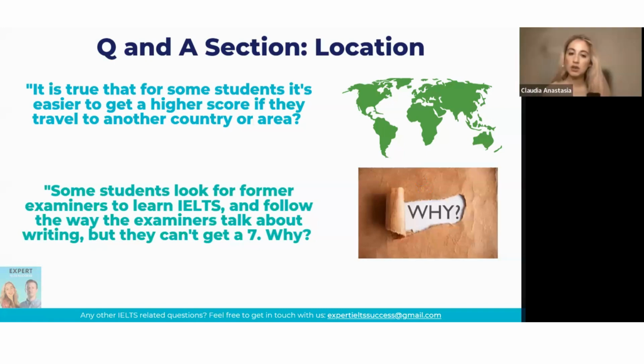That's a good question. Well, it would depend on the student. It depends on where their weak points are. And if they're actually applying everything the examiner is telling them, and if they are, then this could be due to their level. The thing is, if you're a B1 and you want to get a 9, that doesn't work.